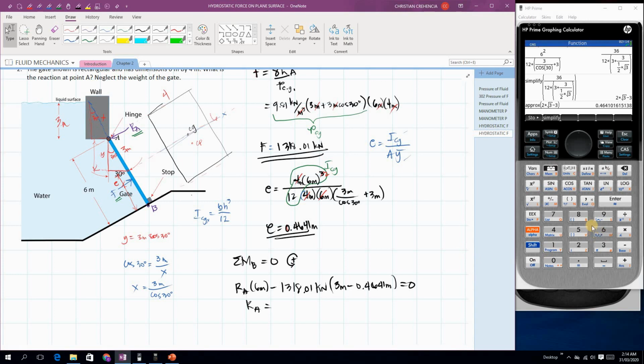Okay. So, we will have 1318.01 times a quantity of 3 minus 0.4641. Okay? So, na-transpose natin ito isang term na to. Nilagyan natin sa kabilang side. Then, saka natin i-divide ng 6 meters. Okay? Ayan.